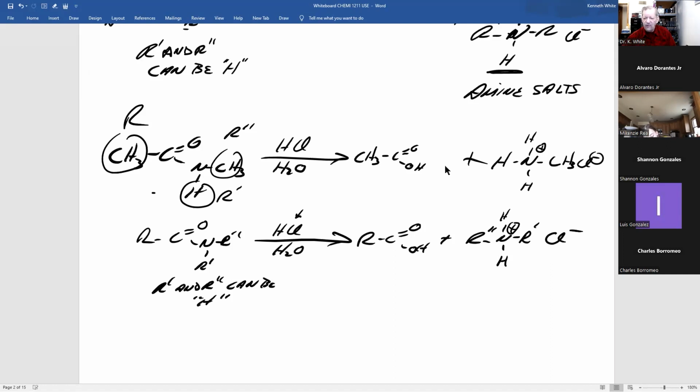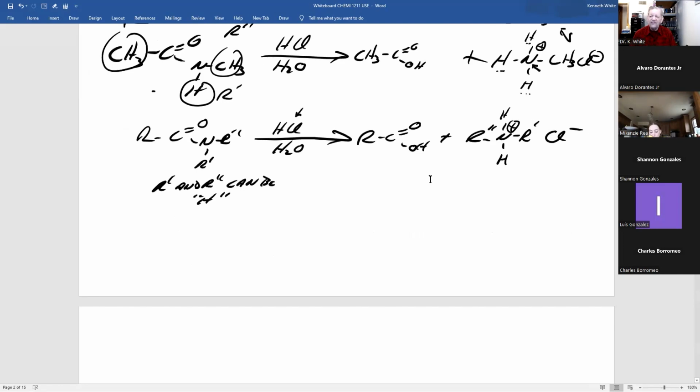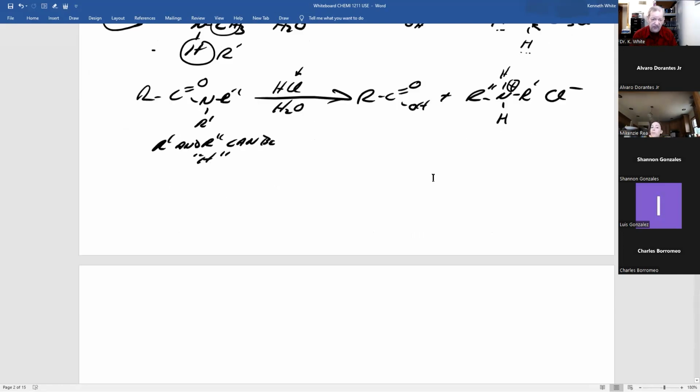Now, I could have also written it this way. Notice on this nitrogen, how many hydrogens are there? 1, 2, 3. Either way, on the test would be correct. And that's how you have acid hydrolysis of an amide.